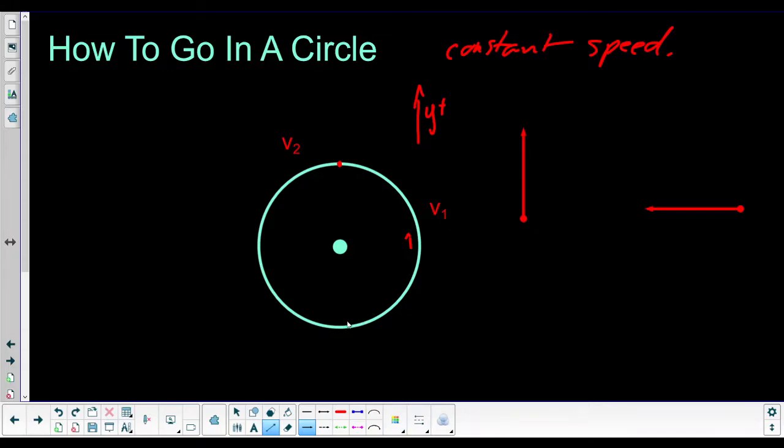What color do you guys want to look at? Green? I had all this in the y direction, and now this one has none in the y direction. So I had to accelerate that way, right? I had to take away that much y from my velocity. I had to get rid of this much y velocity. So my acceleration would be in the opposite direction to cancel it out.